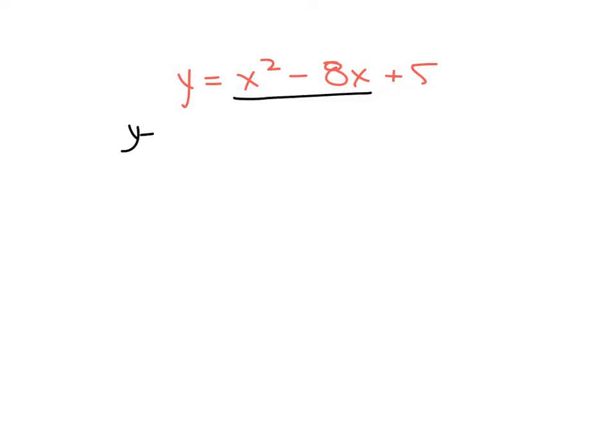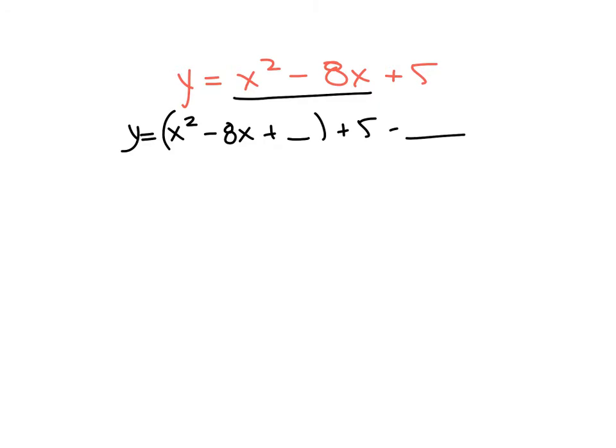So then we end up with y is equal to x squared minus 8x plus blank plus 5 and then minus blank. Why do I do plus something and then minus something? So they cancel, right? Okay, because I'm just manipulating the way it looks. All right? We're not changing the value of this equation. We're just changing the way it looks.